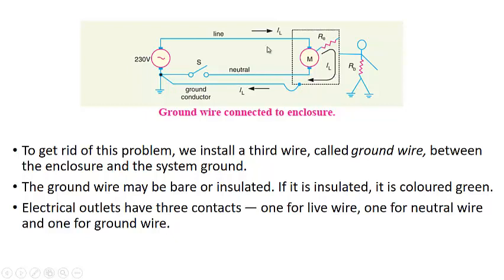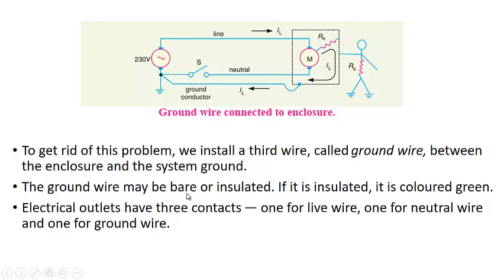Whether we have a normal condition with the switch closed, or an abnormal condition where the fault occurs and the switch is open, the faulty current will close its path through this circuit. It will not close its path through the person, and the person is safeguarded. So to get rid of this, we install a third wire called the ground wire between the enclosure and the system ground.